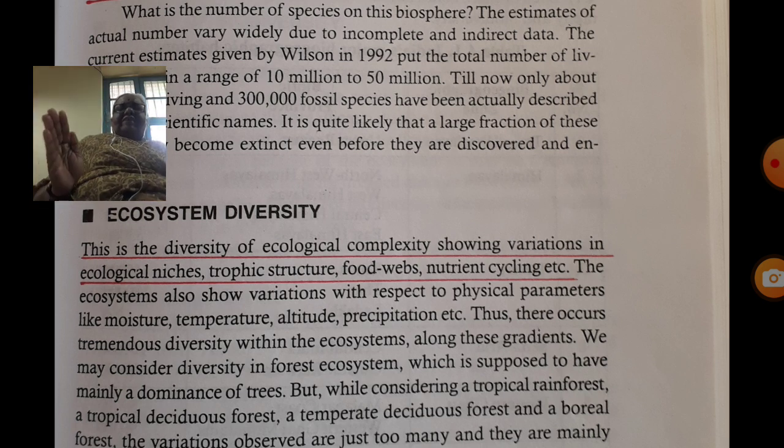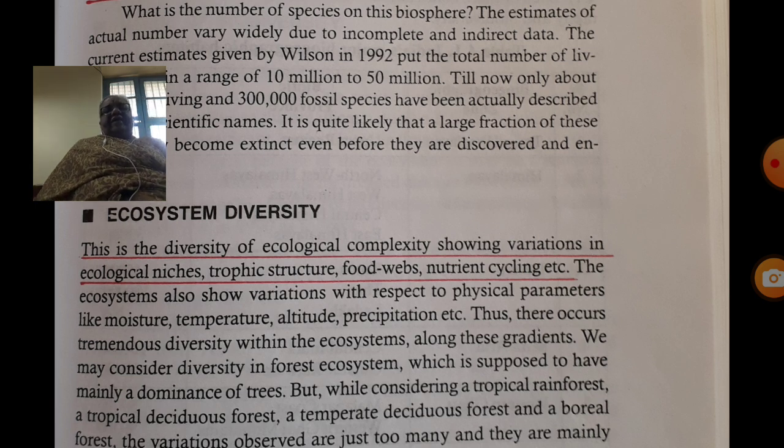Ecosystem diversity discusses the diversity of ecological complexity showing variations in ecological niches, trophic structure, food webs, nutrient cycling, etc. So, till now we have discussed the definition of biodiversity, different versions of the definitions, then the levels of biodiversity, and then genetic diversity, species diversity, and ecosystem diversity.